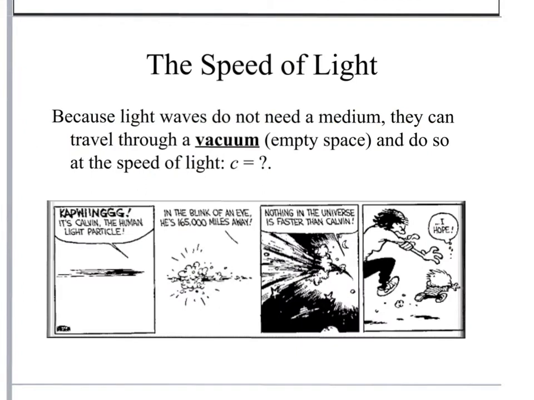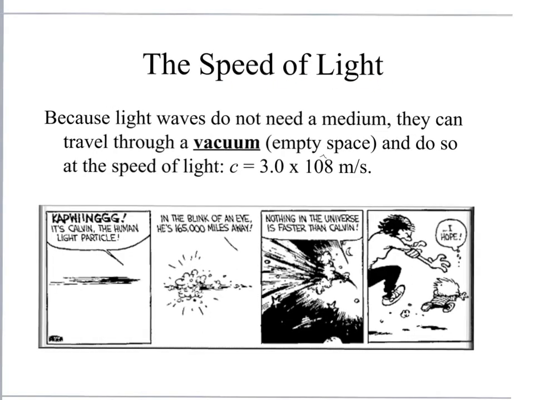Now, when we're talking about transmission of light, it's also directly related to the topic of the speed of light. So, when light is moving, it does not require a medium. A medium could be really any type of particle, water, air, glass, it doesn't matter. Light will travel in a vacuum, so basically space.